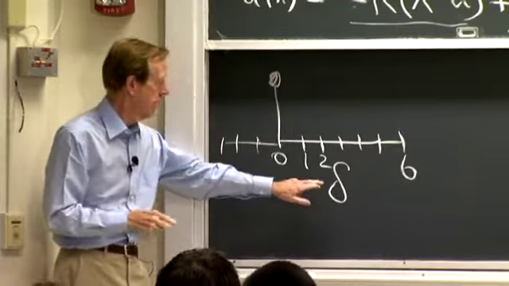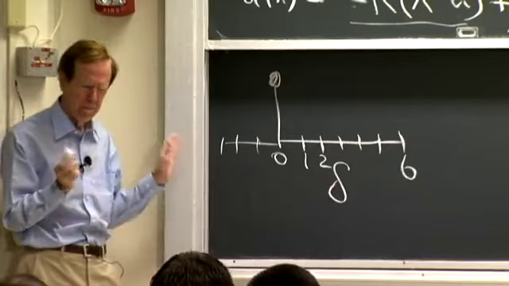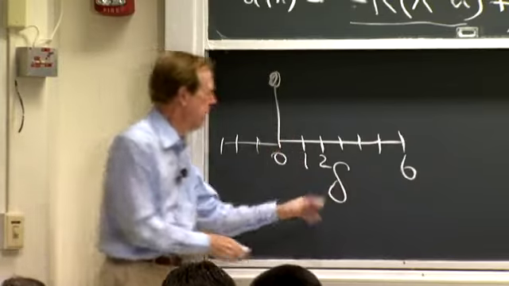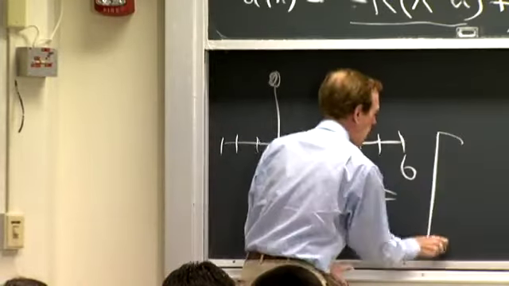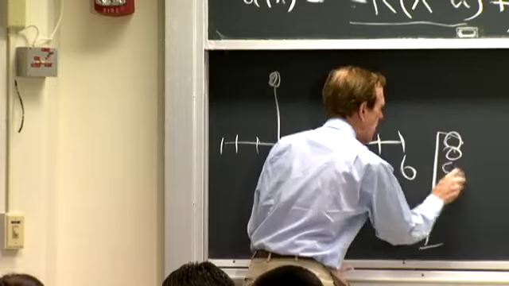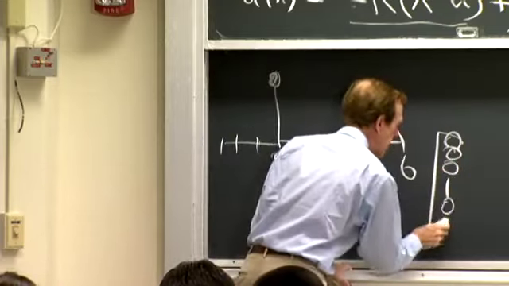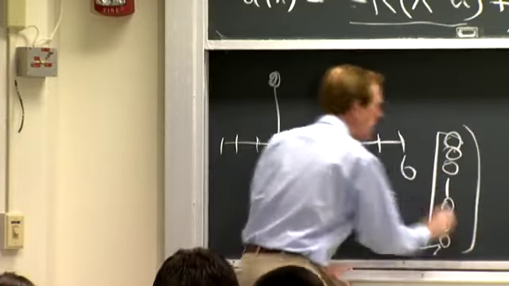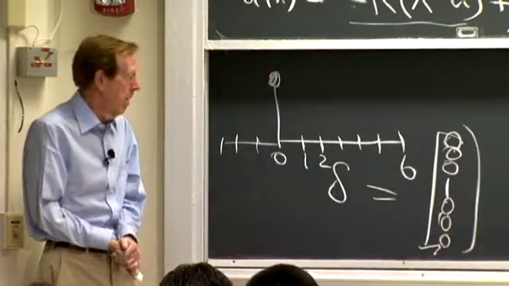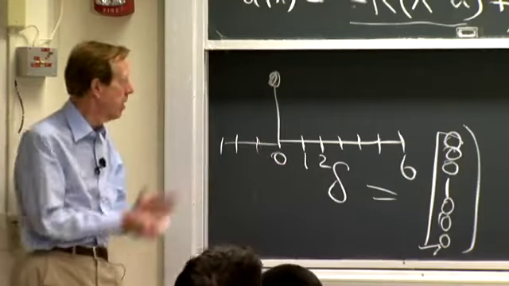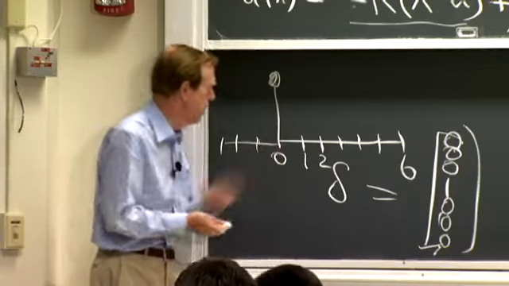The delta vector is the vector of all zeros, with a 1 at the impulse. So it's a discrete impulse. That would be a better word. Discrete impulse at 0. Okay, let's stay with an impulse at 0.